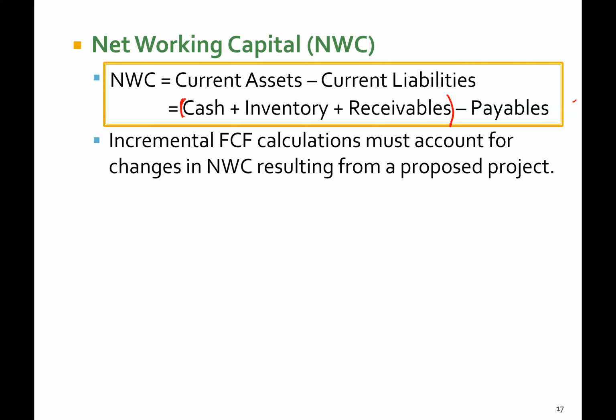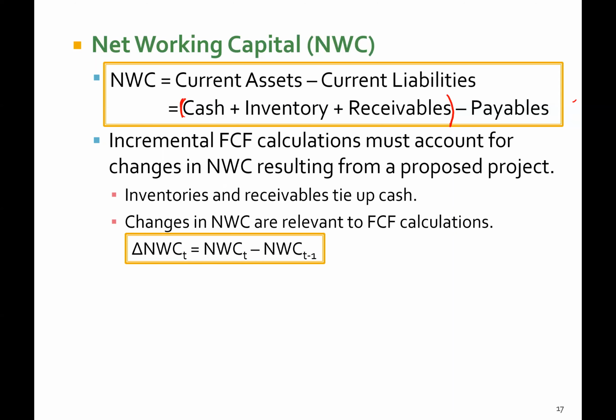And so we need to incorporate all of these changes to reflect when cash flows actually happen. So inventories, receivables tie up cash. What's relevant for our free cash flow calculations is the change in net working capital. So if we have to increase cash or increase inventory at any particular time, that's what's going to matter.